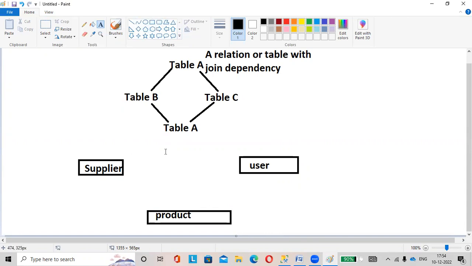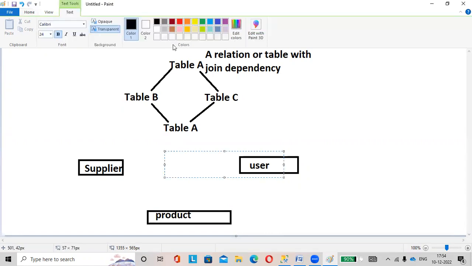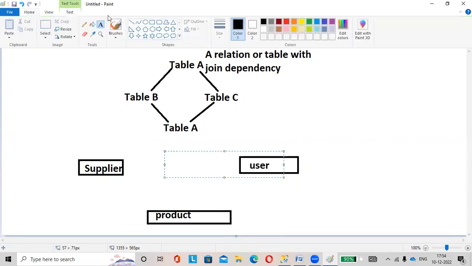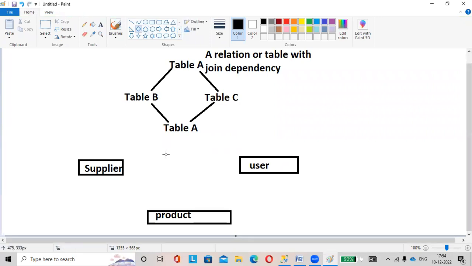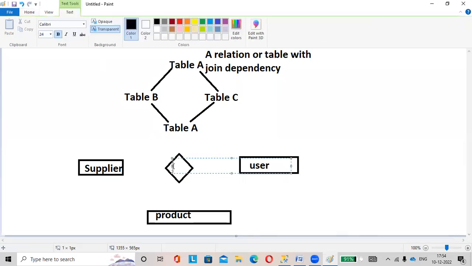This diamond is represented by relationship, the SPU relationship.